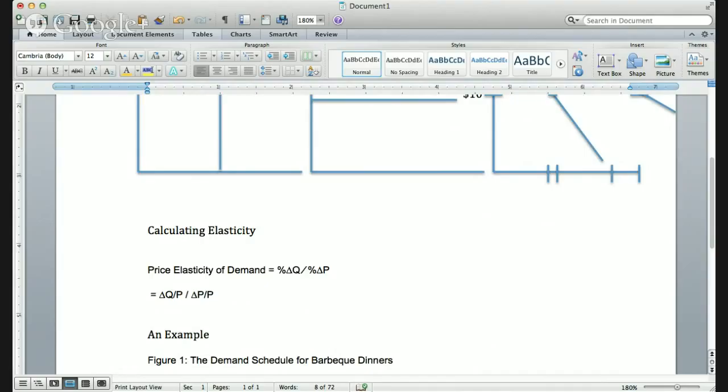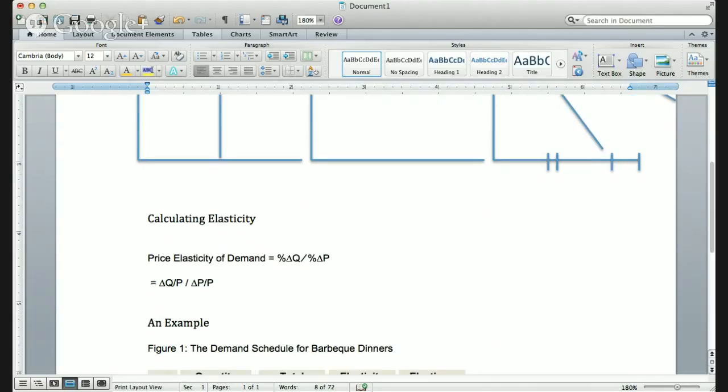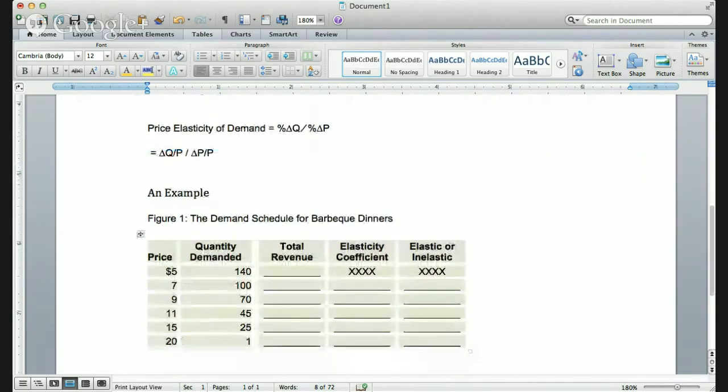And we just divide that by the base price, the price where we started. For percent change in price, we take the change in price, what was the price before and what is it now, and divide it by where we started with price. You'll notice both of these are basing that on what we were at each price level.